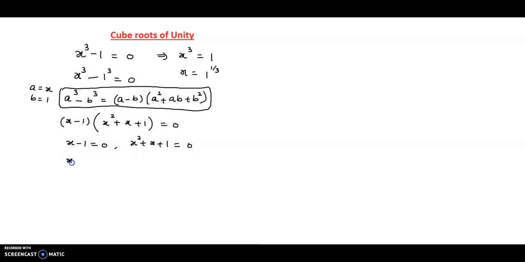So x minus 1 equals 0 will give us one value of x as 1. The other two values are obtained from the equation x square plus x plus 1 equals 0. So let us solve this.